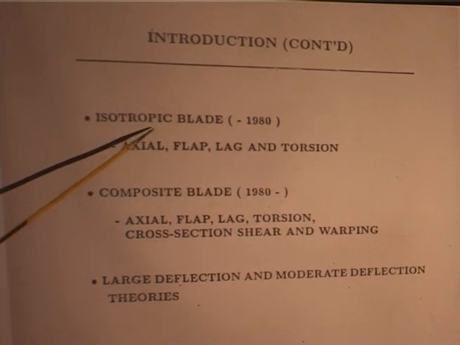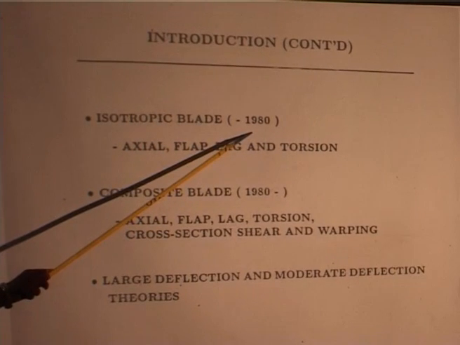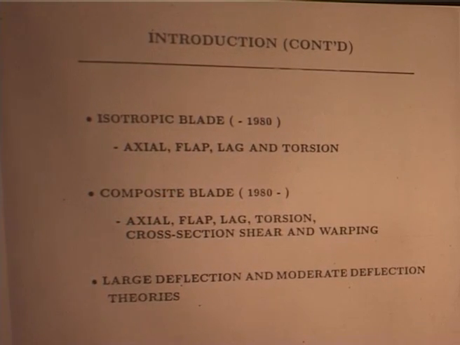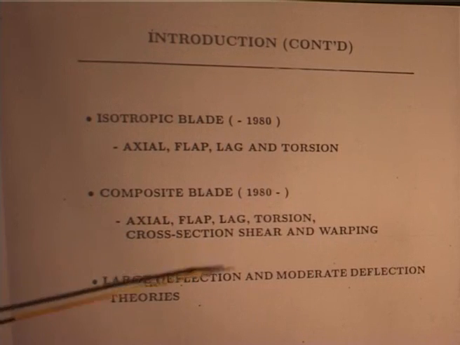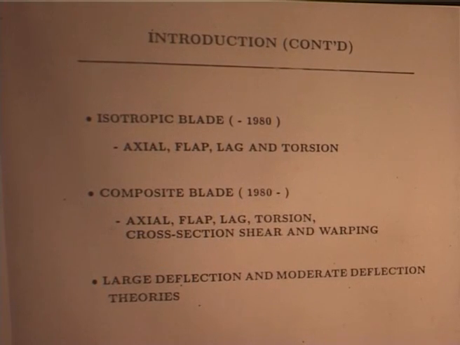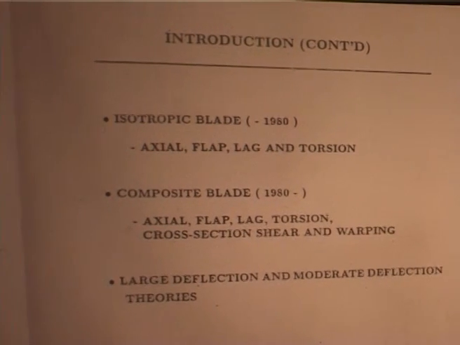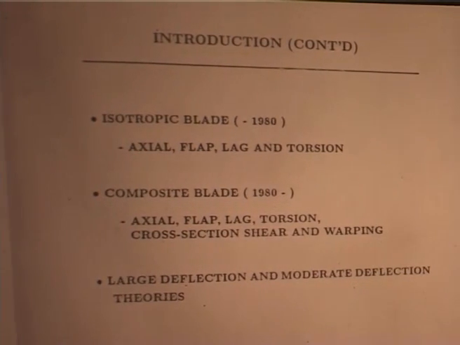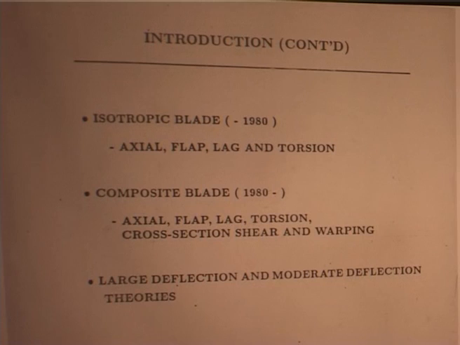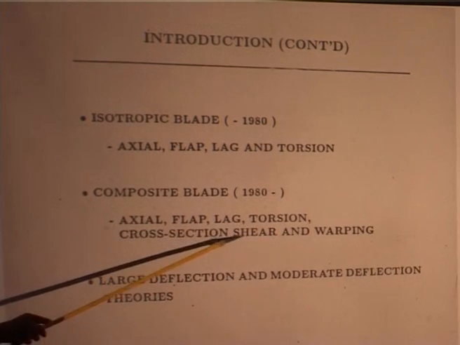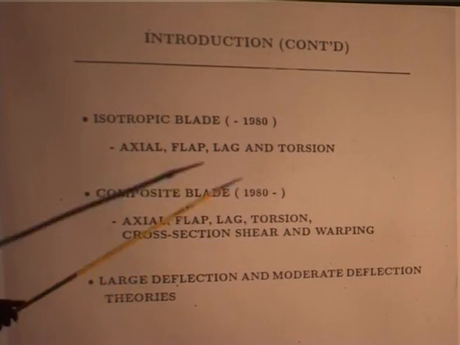So, it was all isotropic blade first in the 1980s, but then composites people started using it. So, after 1980, composite blade formulation, then what are the various things you have to consider? Is there anything extra? If you have one general formulation which fits everything, then it is beautiful. But unfortunately, when you are starting the development, you always make approximations because you need to get something. So, the cross sectional shear deformation was neglected here.